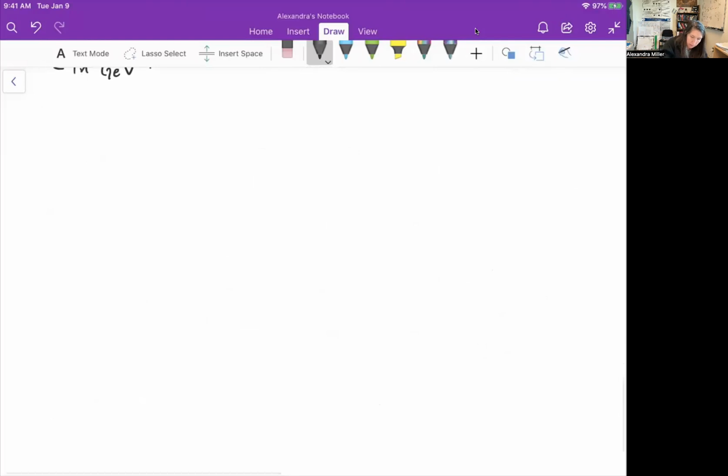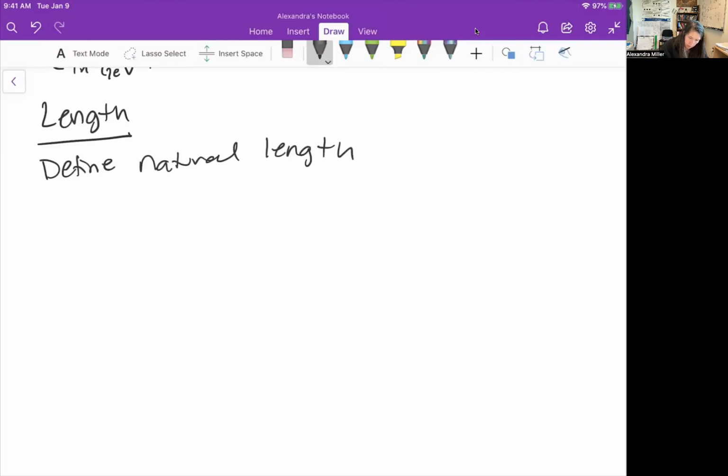Okay, and then the last variable that we'll touch on is length. We're going to define our natural length as x sub n equals x divided by c h bar, where I'm imagining, again, measuring x in meters and just normal SI units.